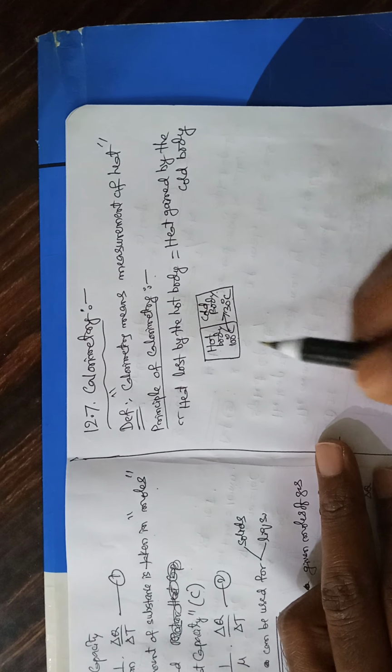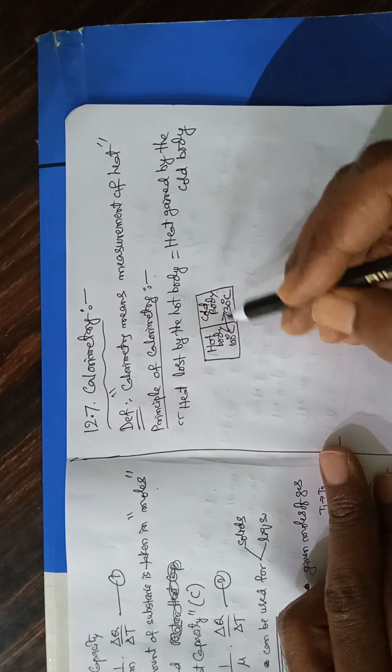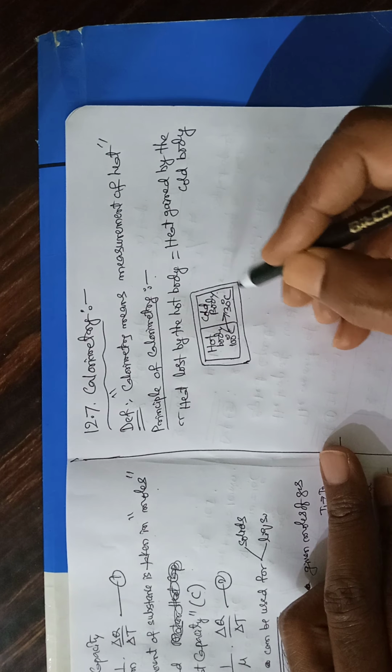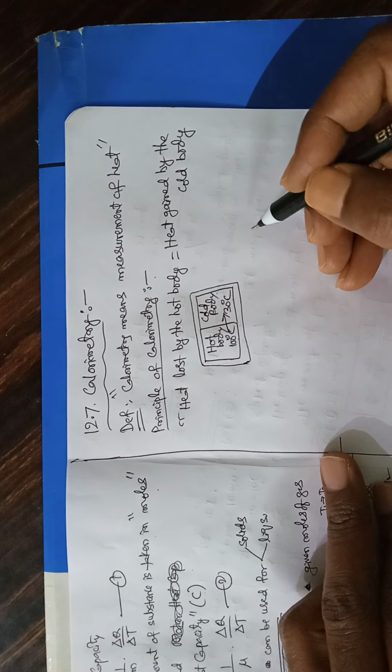Now, but here one condition: the system of the two bodies must be enclosed. It must be covered by a thermocol, a bad conductor. If not, then what may happen?